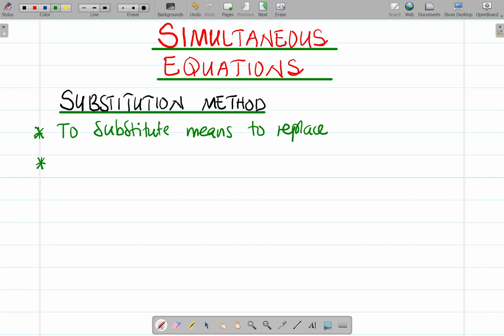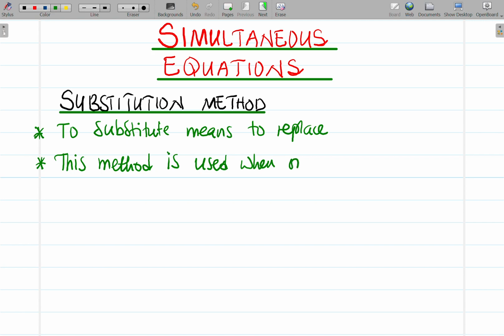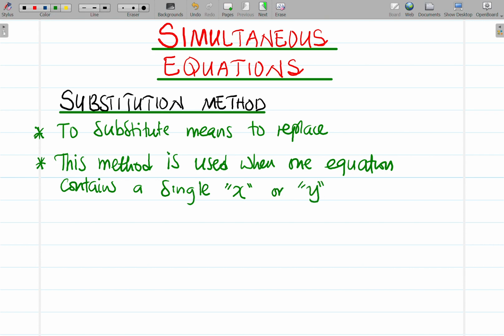This method, meaning the substitution method, is used when one equation contains a single x or a single y.